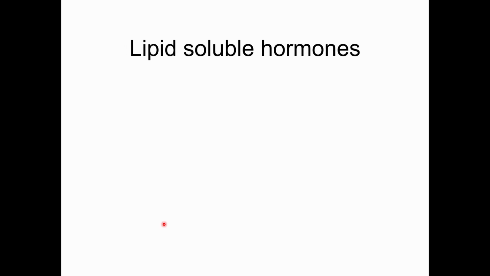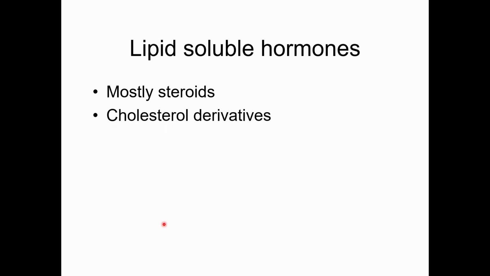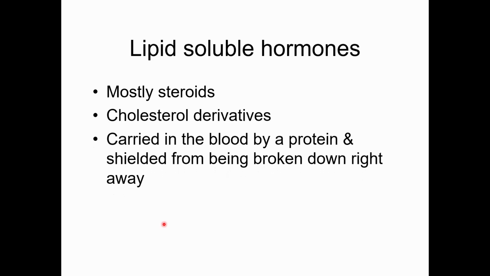So we're going to start with the lipid-soluble hormones. The lipid-soluble hormones are mostly the steroids. That's where we will direct our conversation. Steroids are cholesterol derivatives. So cholesterol has 4 little organic rings with some side chains. Because steroids are lipid-soluble, they don't dissolve in the blood very well.